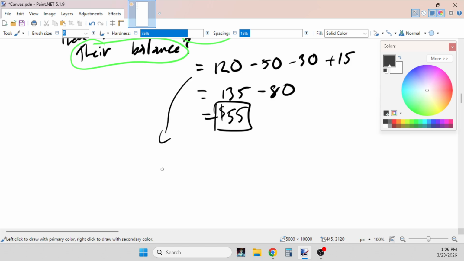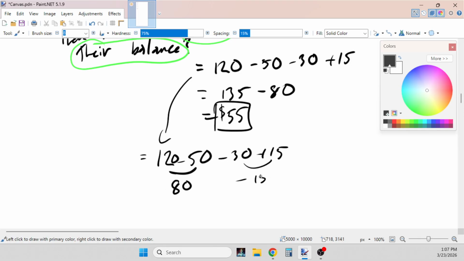But I think that just going left to right and pairing things up is better. So, same problem. Actually, the best way is matching up things that are going to get nice cancellations, but this is decent enough. This is going to be 80. This is going to be negative 15. So we get 80 minus 15 is 50.